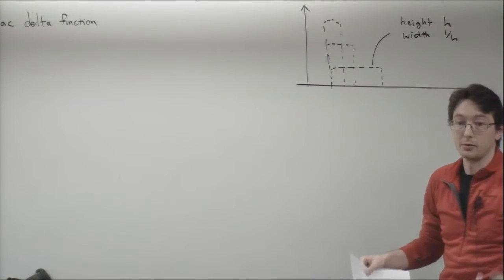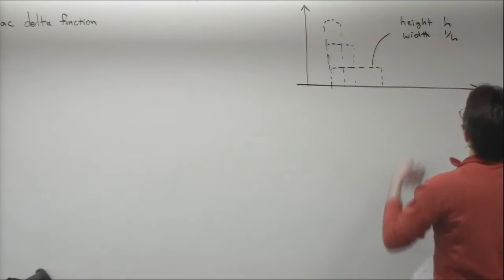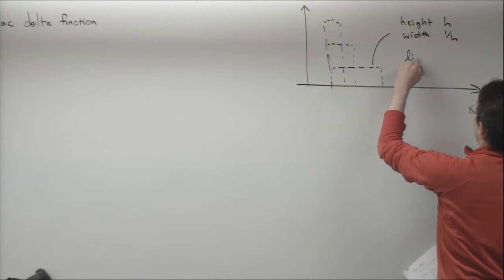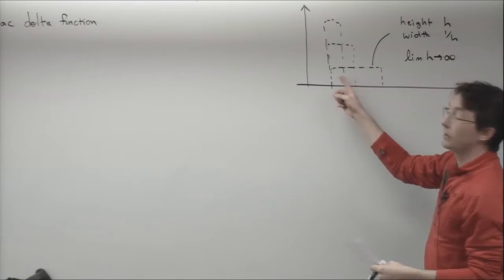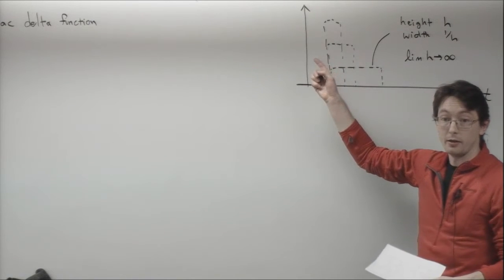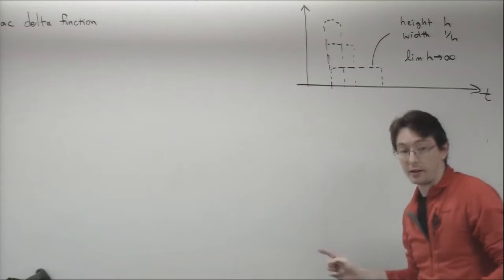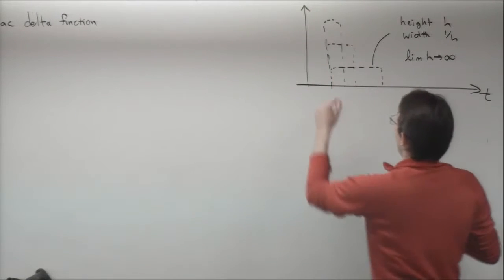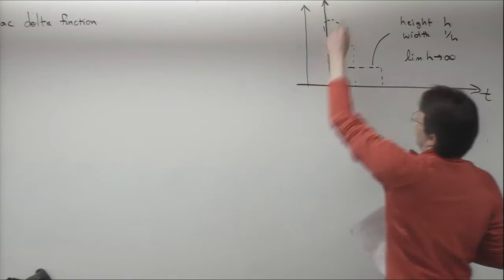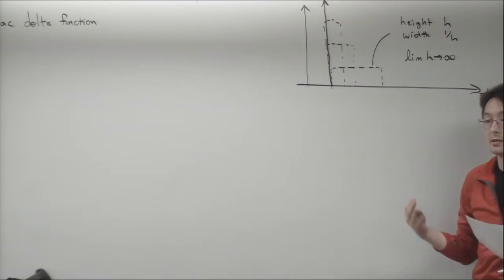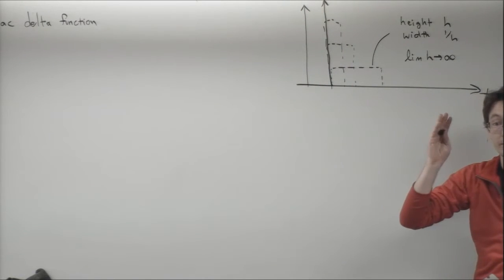So its area is equal to 1. Now, if I take the limit as h goes to infinity, every intermediate rectangle also has area 1, but they're getting thinner and thinner, and they're getting taller and taller. So the delta function is this kind of mathematical abstraction of the limit as I make these rectangles thinner and thinner and taller and taller.